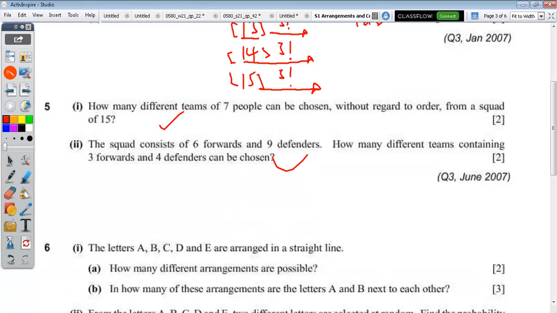Presuming I've done this correctly, I said 15 choose 7, because you're choosing 7 from a squad of 15, which gives you 6,435.